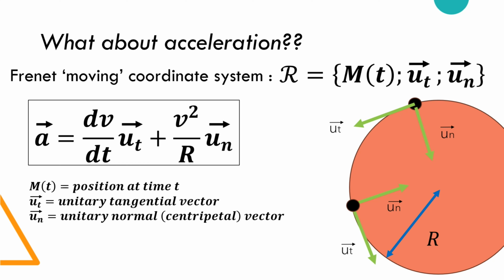So no acceleration? Wrong. Although the speed might be constant in the case of uniform circular motion, the velocity, which is a vector, is changing all the time. It's rotating in a circle, so it's changing all the time. So there must be an acceleration.